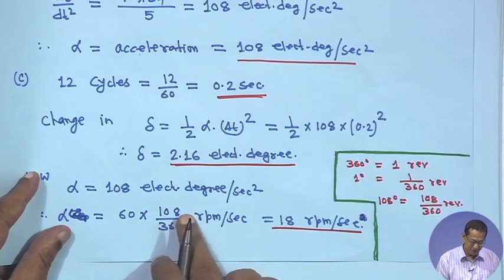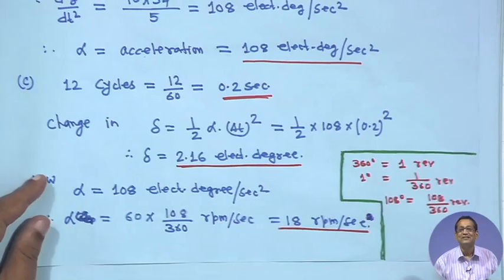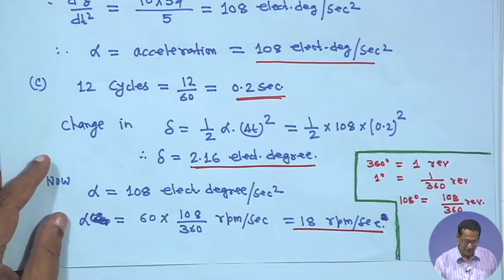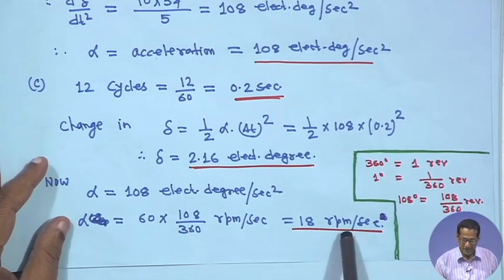So, 60 into 108 upon 360 RPM per second. This way we define alpha is equal to 18 RPM per second.